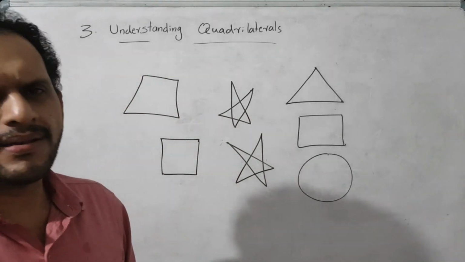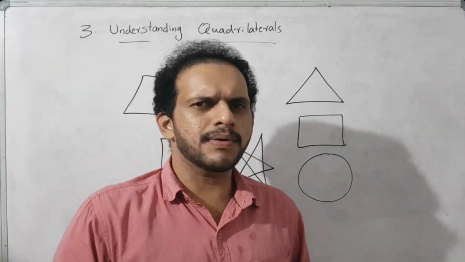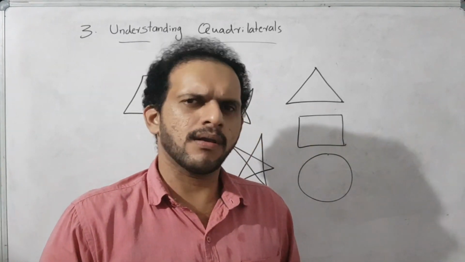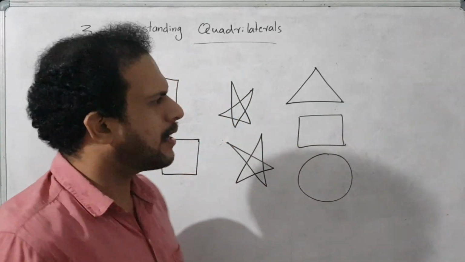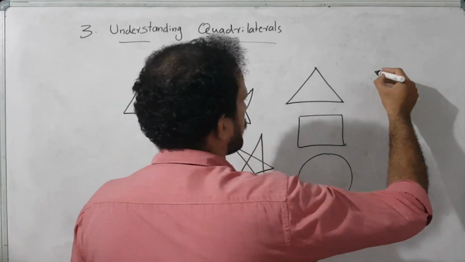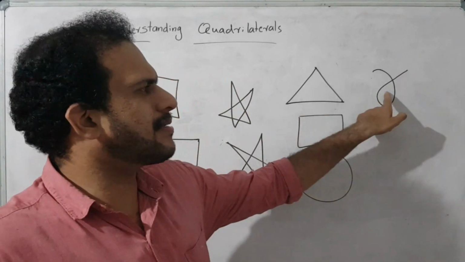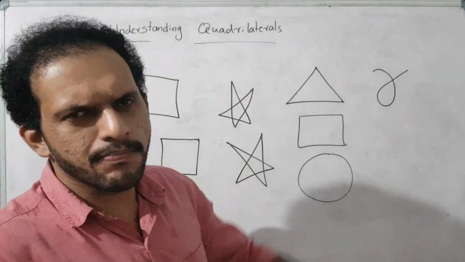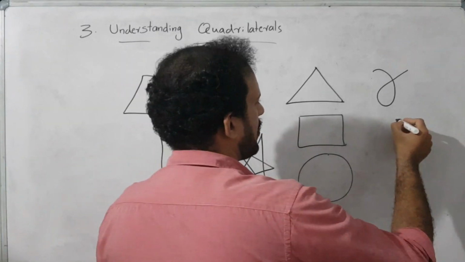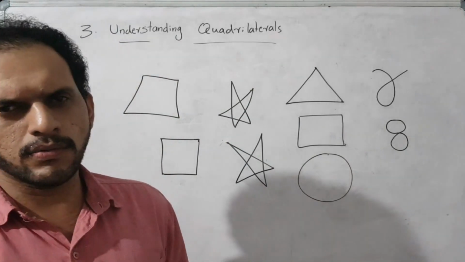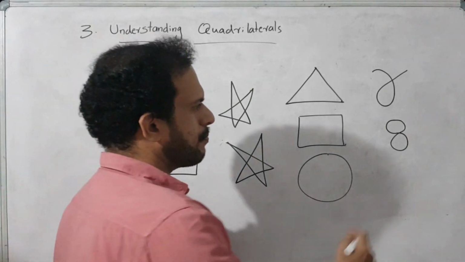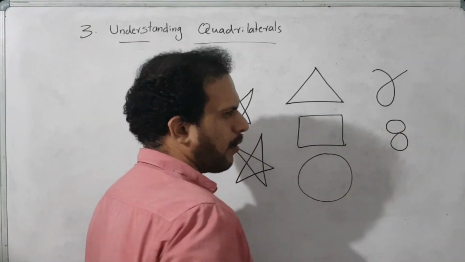These are examples of simple closed curves. If you draw a figure like this, it is closed, correct? It's a closed curve, but it's not simple closed. A number 8 is a closed curve, but it's not a simple closed curve.